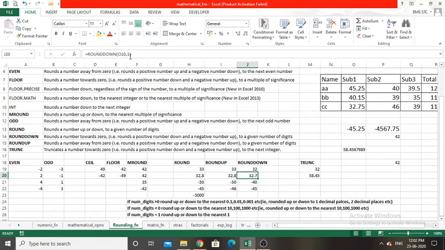So this one is same as just before. Instead of passing 0, I passed 1. So it tells that I need a rounding down function. I need to perform a rounding down function on this number with 1 decimal part. So it kept 1 decimal part here and also performed a round down function. So it is 32.7.